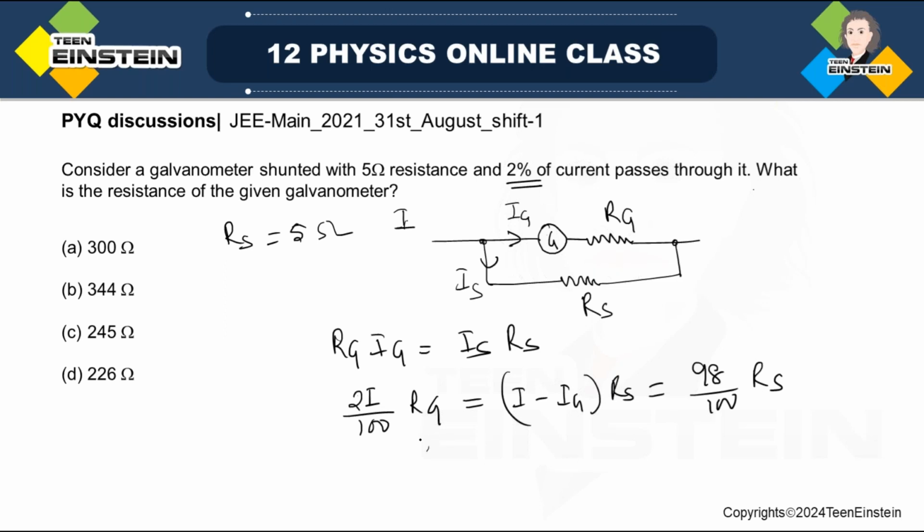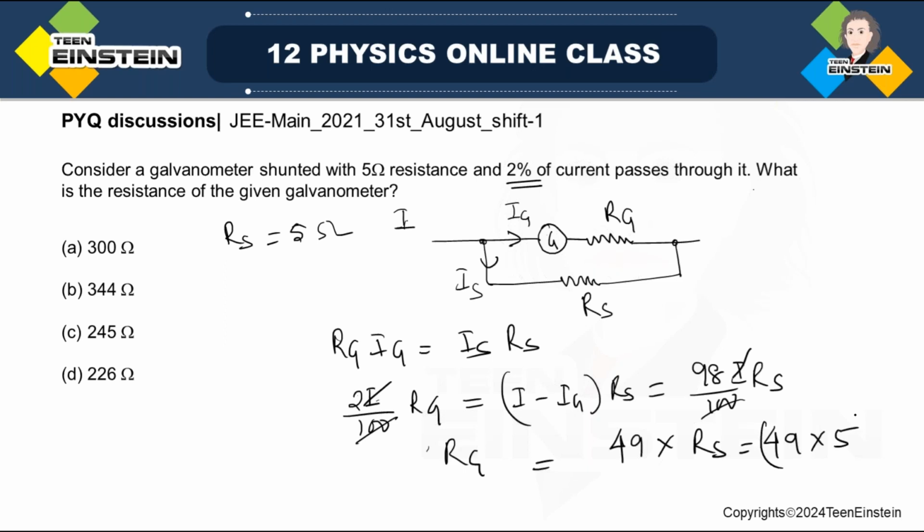Now I have to find out what is Rg. This I can cancel out, and this 100 I can cancel out from both. So Rg will be 49 into Rs. So what is Rs?